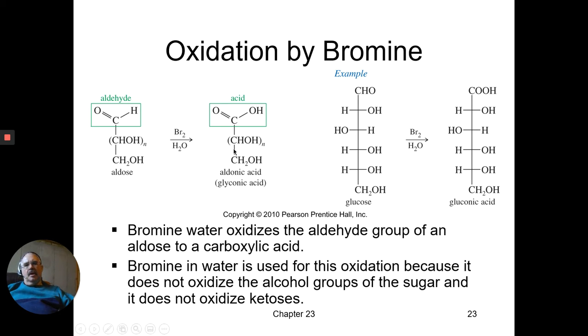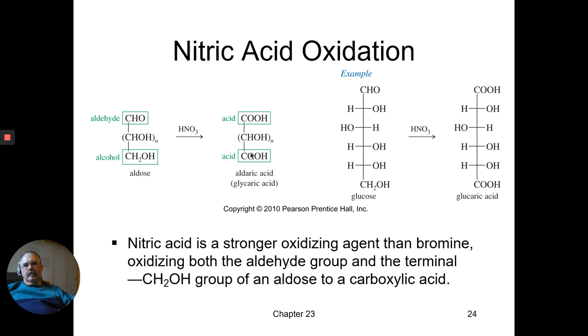If we have a ketose, the monosaccharide is not oxidized by bromine water. Okay, nitric acid oxidizes not only aldehydes, but also primary alcohol groups, terminal CH2OH groups.